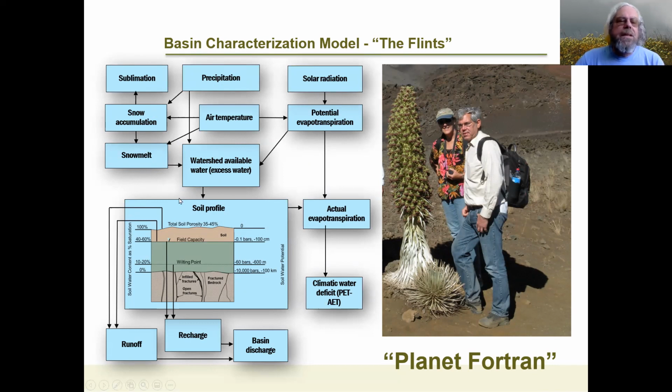I'm not going to go into this in detail, but soil profile is really important. Deeper soils can hold more water. And eventually we come up with this factor called a climatic water deficit. The way to think of that is that's the intensity of the summer drought in our Mediterranean climate. So I'll try to explain that a little more in detail here.